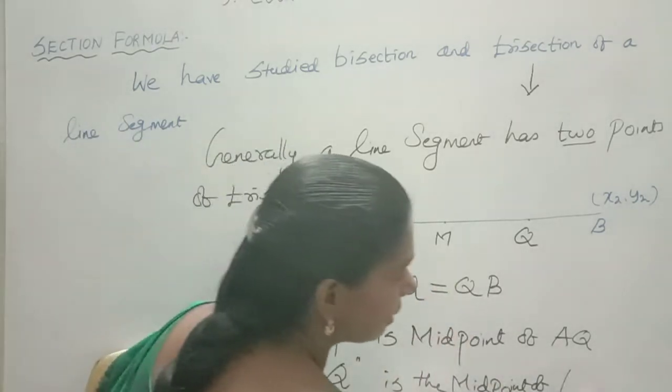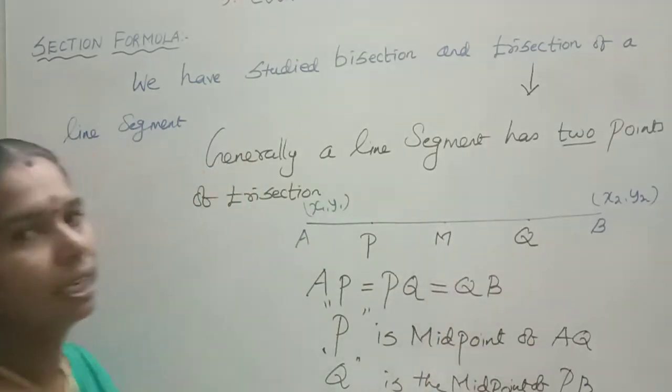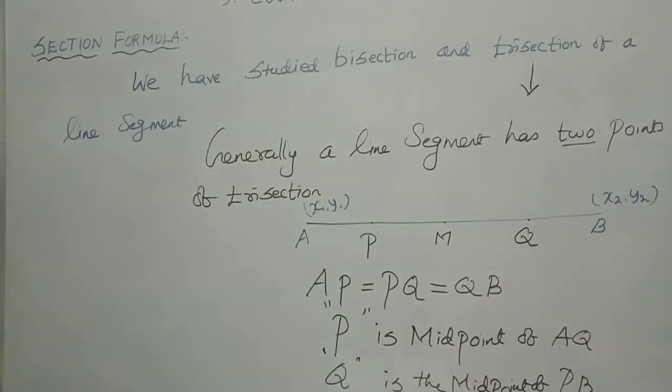P is the midpoint of AQ, and Q is the midpoint of PB. These notes we already studied last week. Could you remember? This is the general idea we discussed last week.